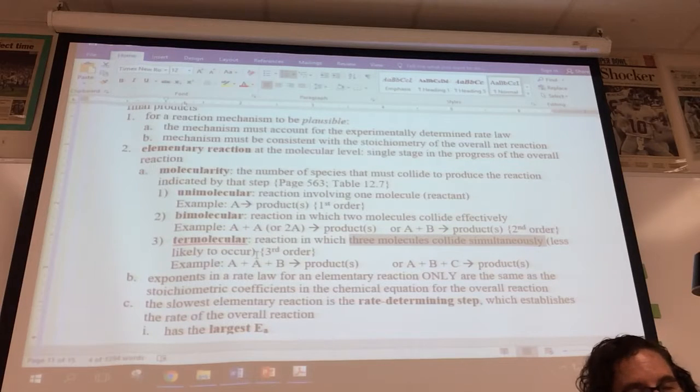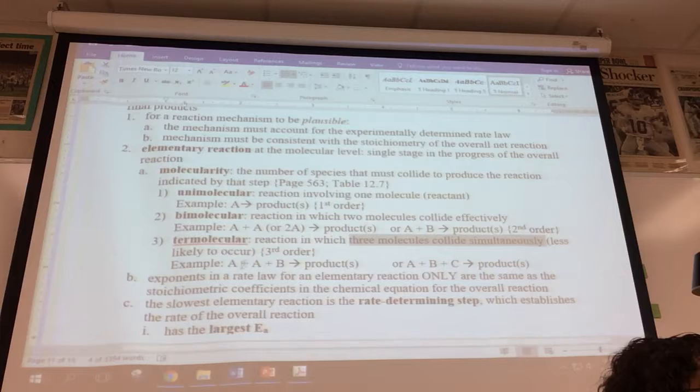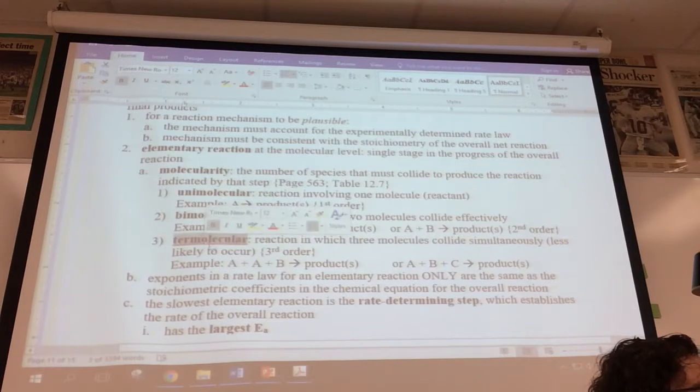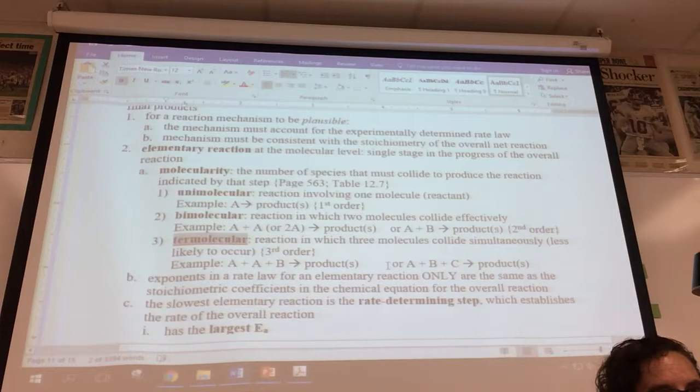Think about those fidget spinners when they're made. If they don't fit together properly, you're not spinning. So in a termolecular, again, 1, 2, 3 in regard to coefficients. This is the slowest of the bunch because it would take the longest to position those molecules properly.